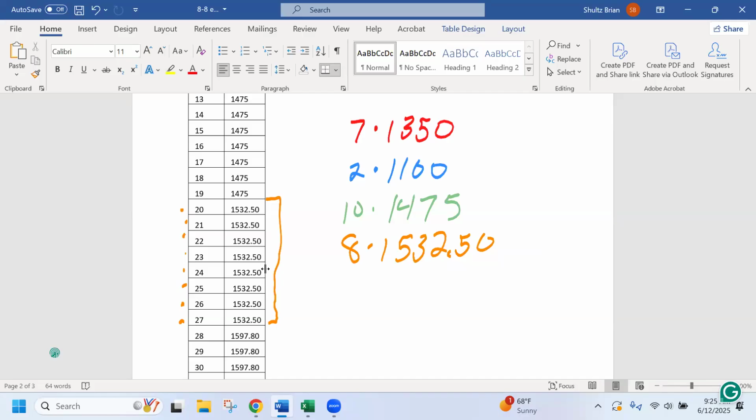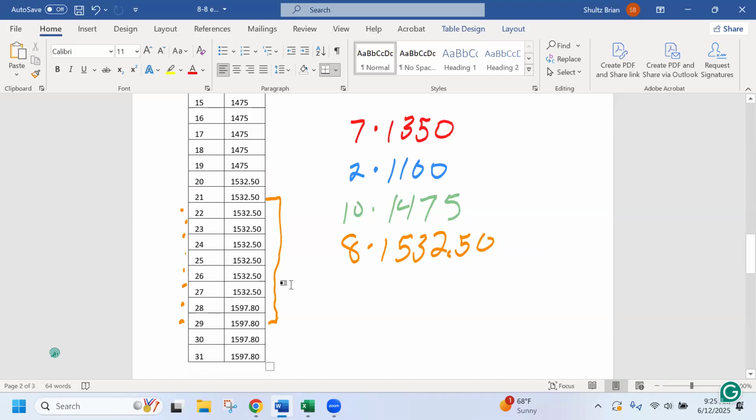And then I had another payment, a charge that we made. That carried our balance out to the end of the month, right here down to right here. So we had 1, 2, 3, 4 days at 1,597.80.